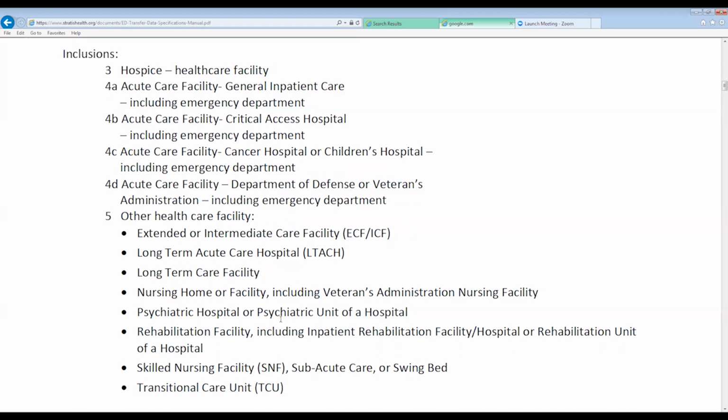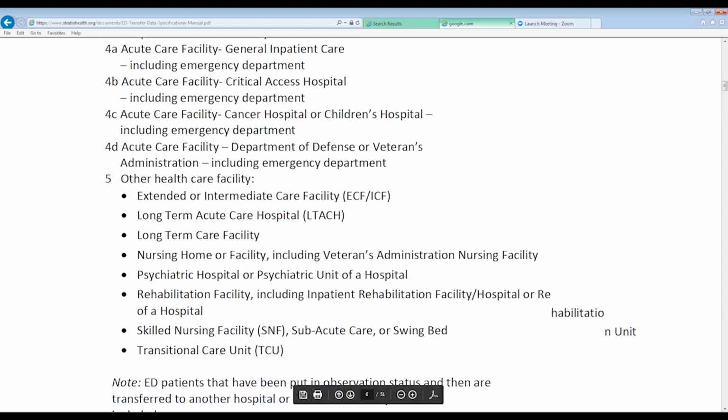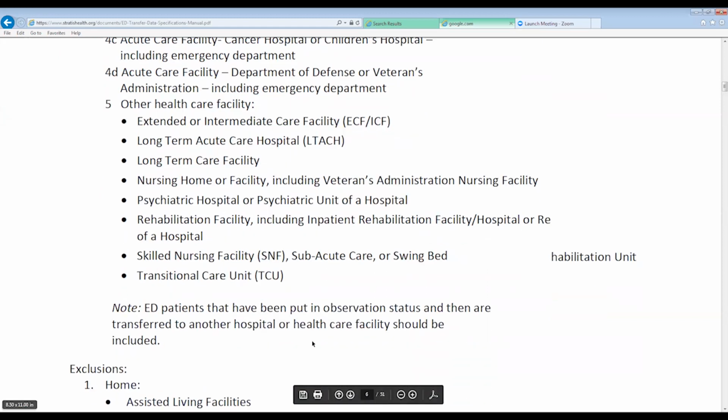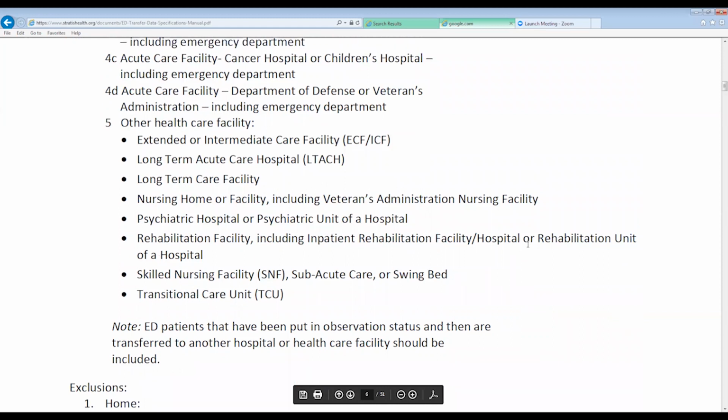Now, it might be tricky. I don't know how you determine the list of patients you have to do for this abstraction. But if somebody is running a report for you by discharge status code, and a discharge status code of 1 is home, and at your facility, I think that's sometimes what happens for billing, patients who live in a nursing home and go back to the nursing home get a discharge status of home, then you've got to do something.